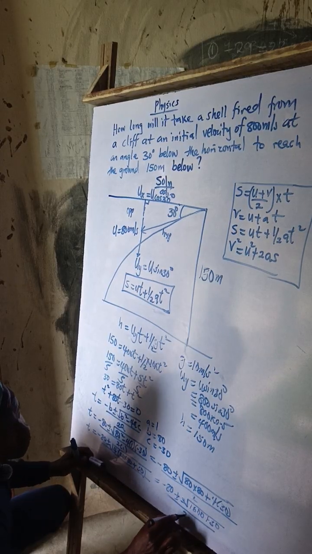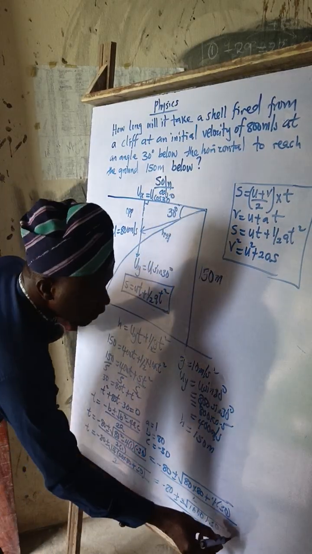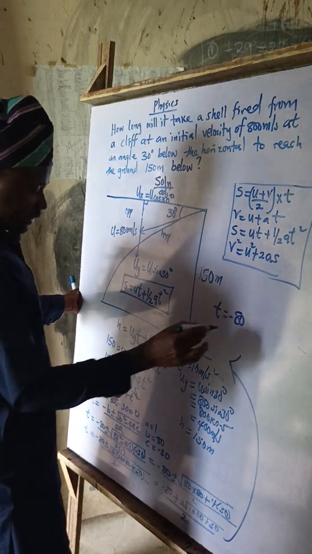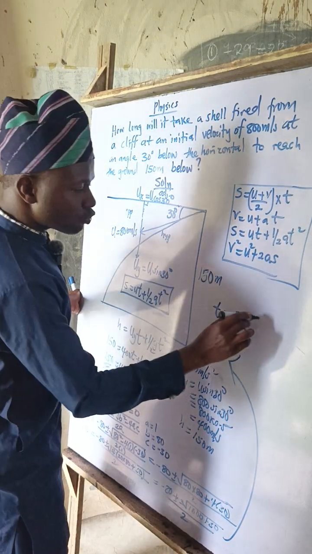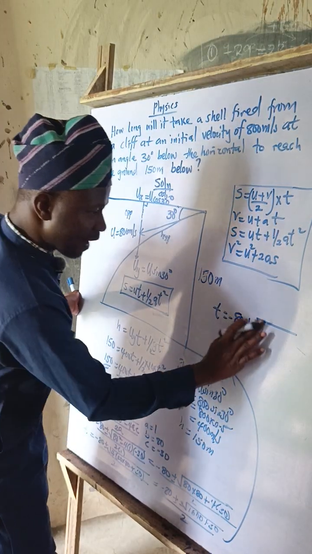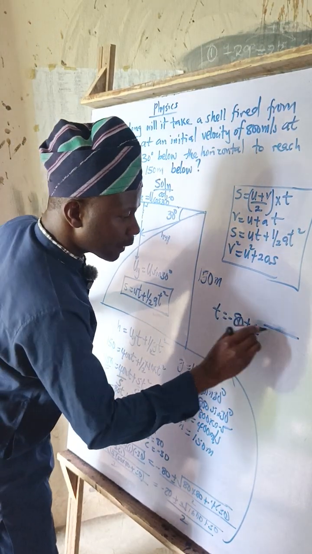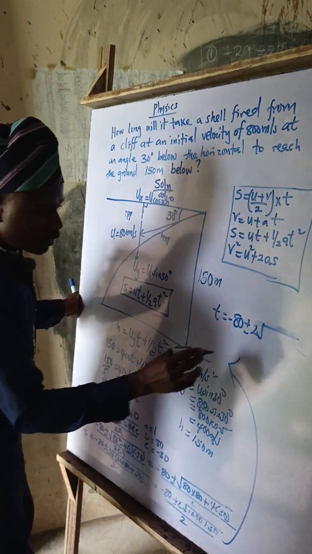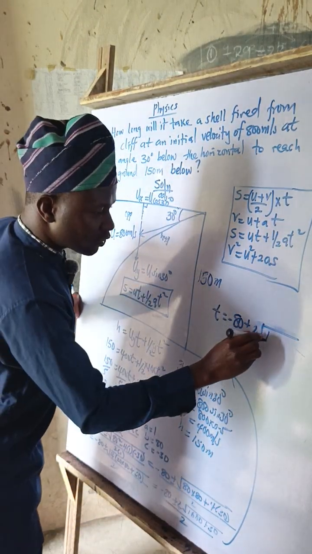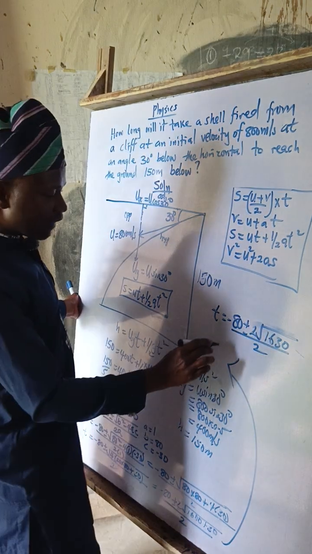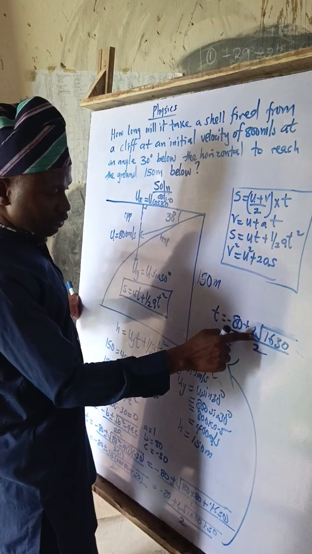Now therefore we have t equals minus 80 plus or minus 2 root of 1600 plus 30, here we have 2 here. So 1600 plus 30 will give us 1630. We are dividing by 2. Therefore, t equals, now 2 is a common factor.